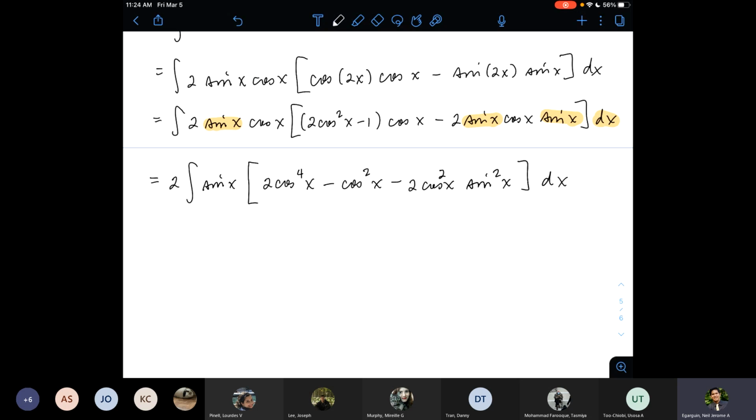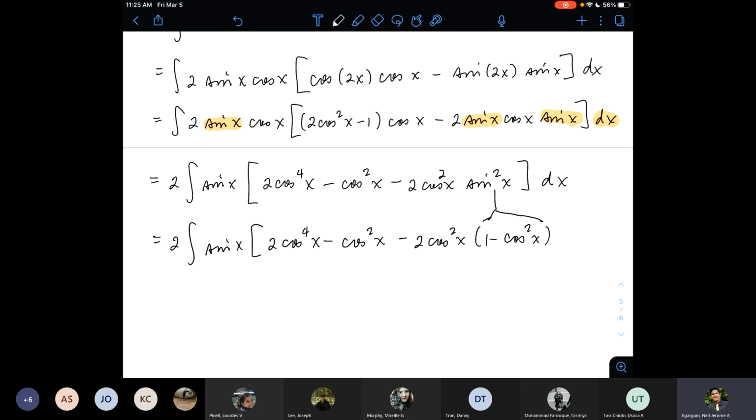So kindly double check this. Let me see. 2 cosine to the 4th minus cosine squared minus 2 cosine squared sine squared. Okay, I think this is fine. And then I'll have a sine x, and then 2 cosine to the 4th x minus cosine squared x minus 2 cosine squared x times 1 minus cosine squared x there. So you see I used the Pythagorean identity here.